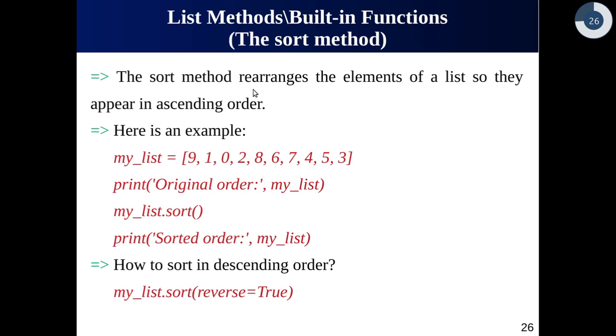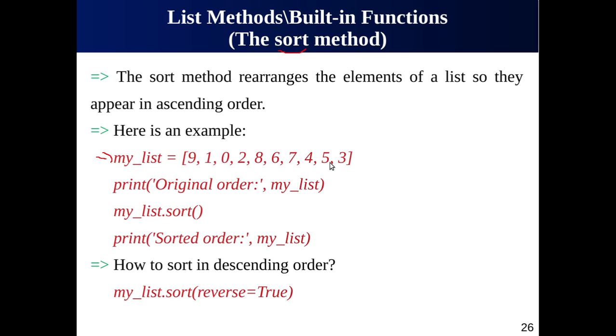We also have a sort method. As the name indicates, it is used to rearrange the elements of a list in ascending order. Lower value first, then from lower to higher value. Here is an example. You have a list. The items are in unsorted form.